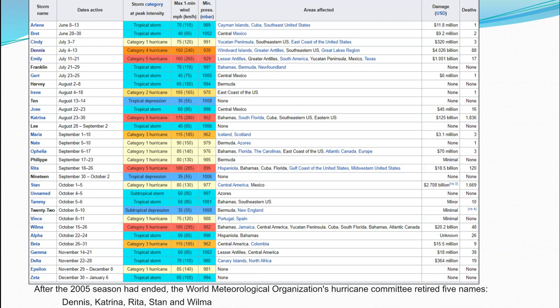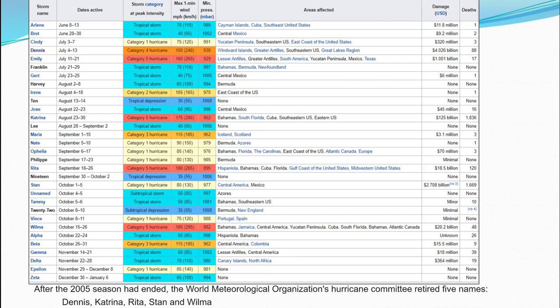Although it was like the 10th storm or the 19th storm, they just give those numbers versus using the names. But down there on October 22nd, a tropical storm formed, and they had already used all their names. And so this was dubbed Alpha.